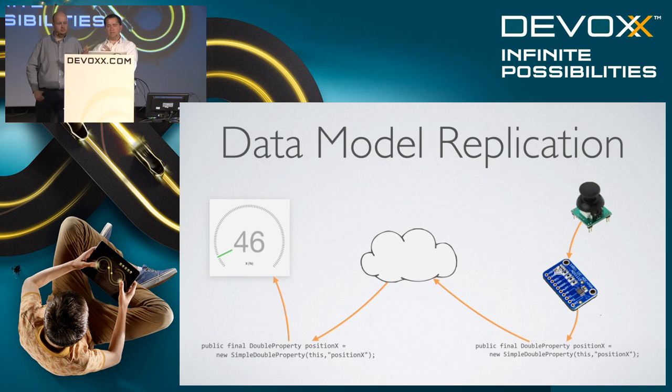Over on that system, we have our same data model running, a different instance, obviously, because they're on different systems, but it's the same thing, and it's got the position X. So when the Model Replicator sees the position X on the Pi change, it will send that information over the network, and then the Model Replicator on the Odroid will see that change, update the position X property, the UI is bound to it, and it all gets updated.